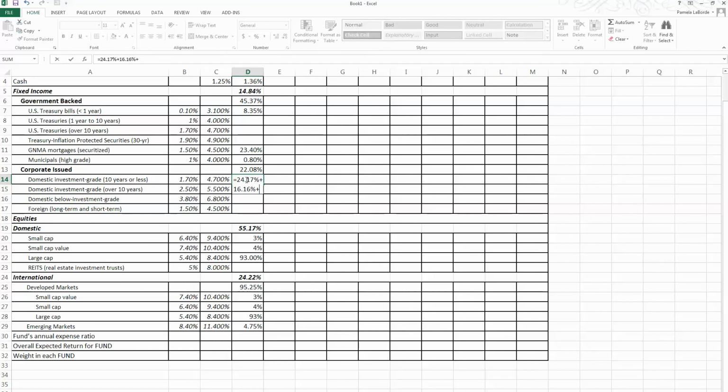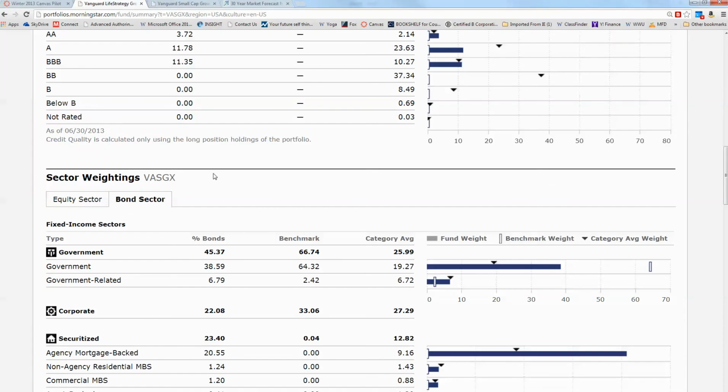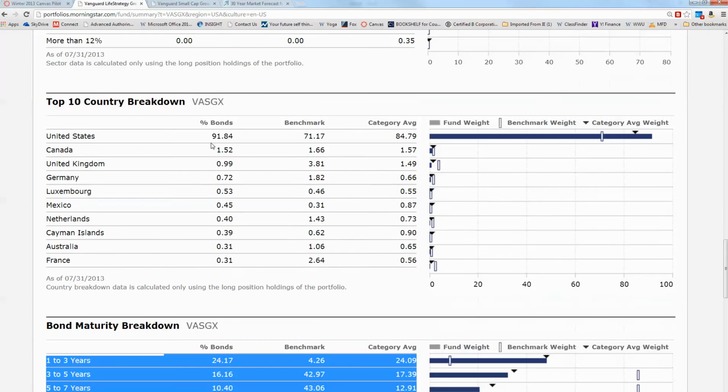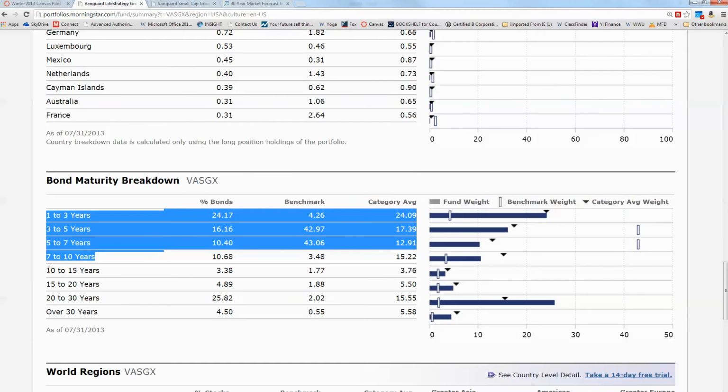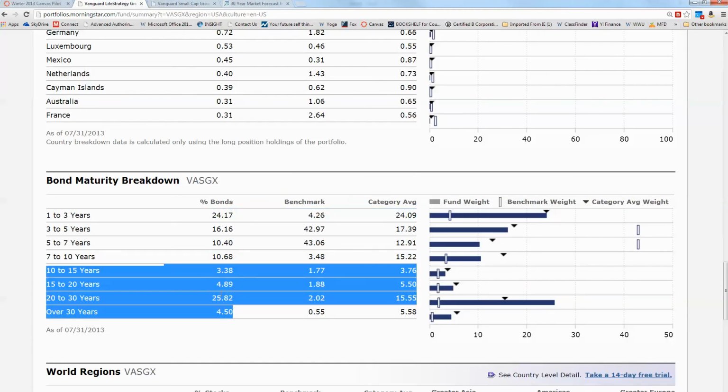I can't forget to type in my percentage signs on all of them. So that's the total weight in domestic investment grade shorter term bonds, and then the longer term ones would be the sum of those remaining numbers, but I'll pop over there and highlight them. So the sum of these four numbers right here, the 3, 4, 25, and 4.